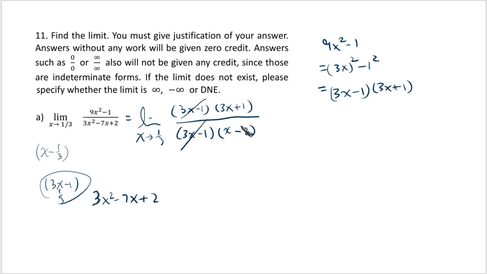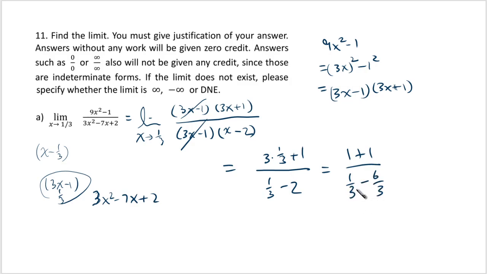Okay, so now that the top and bottom both have 3x minus 1 in there, I can cancel them, and now I can plug in 1/3 without causing a 0 over 0 problem. Now it's 3 times 1/3 plus 1 divided by 1/3 minus 2. 3 times 1/3, they cancel to give you 1, so it's 1 plus 1 on the top. 2 is what? 2 is 6 over 3.